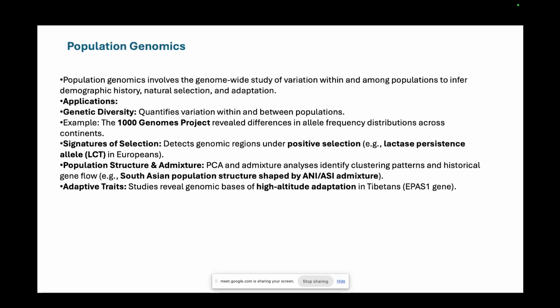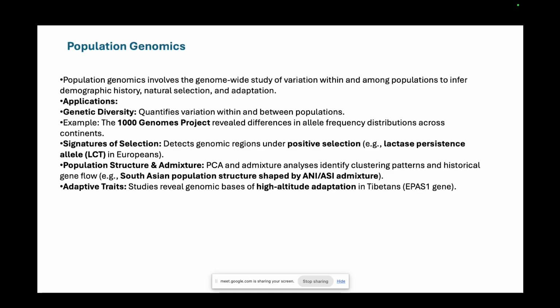One such example is the lactase persistence allele, which is related to lactose intolerance variation in Europeans, where you have positive selection of that particular variant in the LCT gene, the LCT locus.